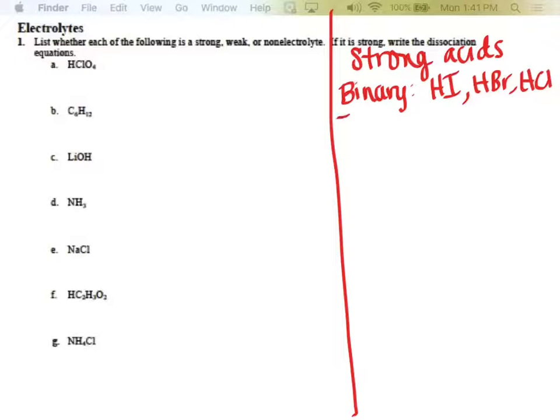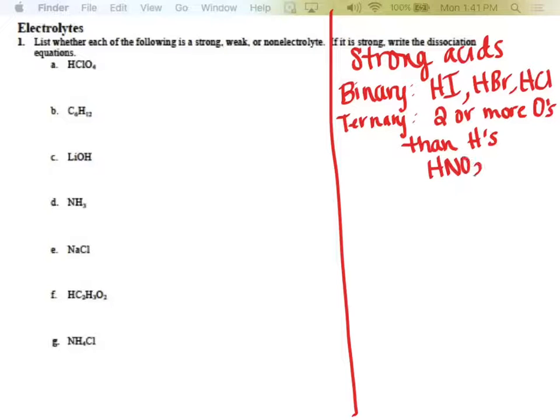Now we have our ternary, which are our oxyacids, and I don't memorize these. This is how I remember it: you have 2 or more oxygens than hydrogens. So if I have HNO2 versus HNO3, which one's strong and which one's weak?